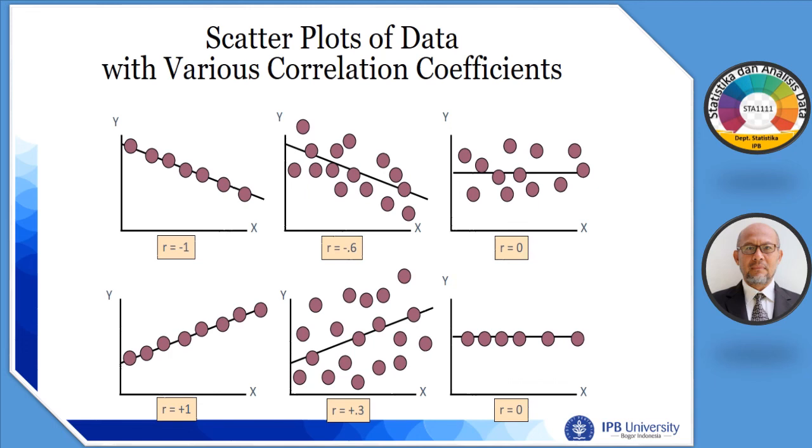But if the scatter plot between x and y is like the middle graph, you can look at that, because this tends to be negative, the correlation is negative, for example around -0.6. But if the plot is like the third graph, the correlation between x and y is around 0.